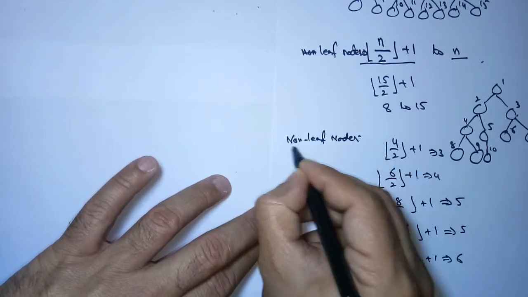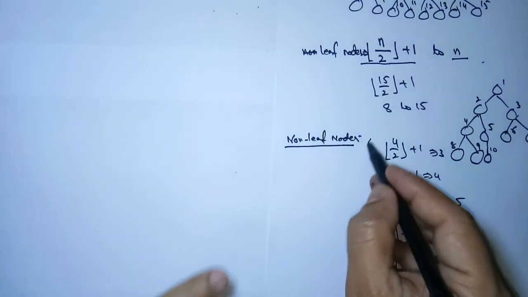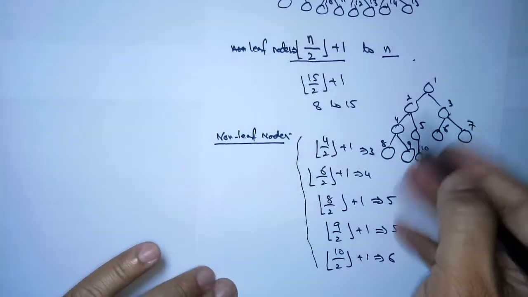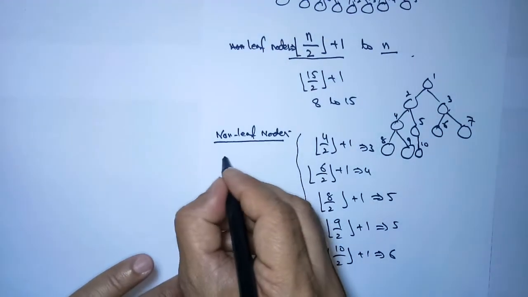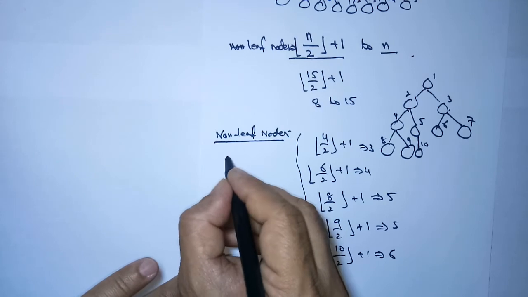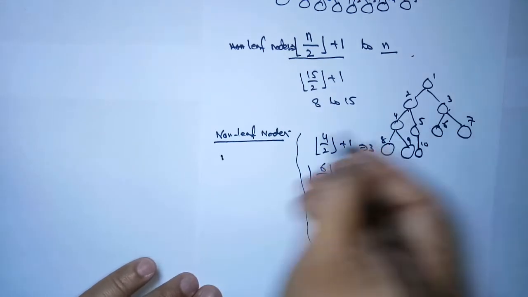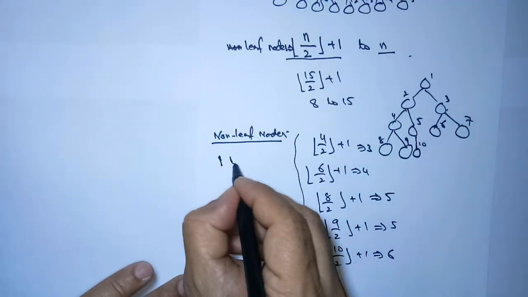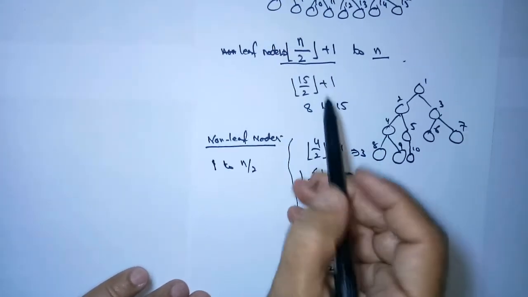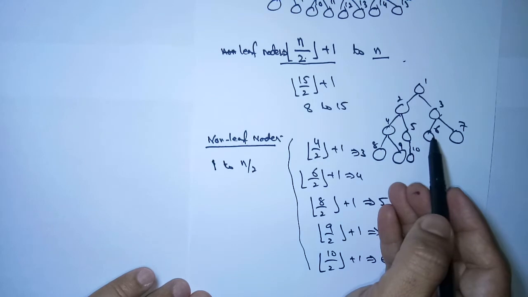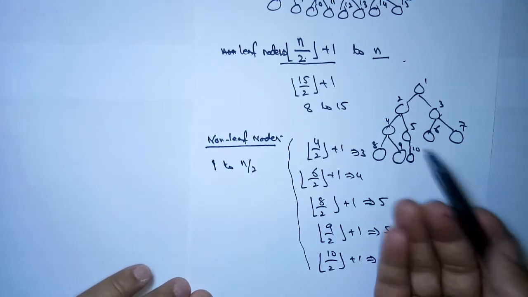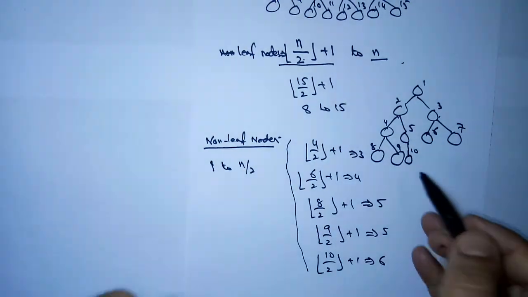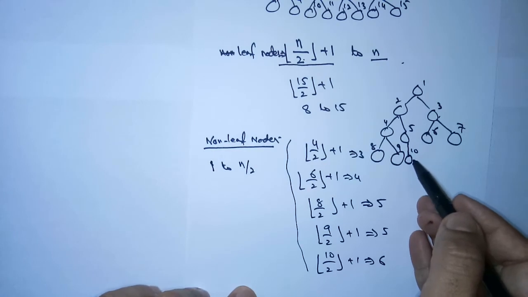The total number of nodes is n, and obviously it will start from 1. The non-leaf nodes will go from 1 to n by 2. Since n by 2 plus 1 onwards are the leaf nodes, 1 to n by 2 are the non-leaf nodes. So you can check. For example, here the total number of nodes is 10.